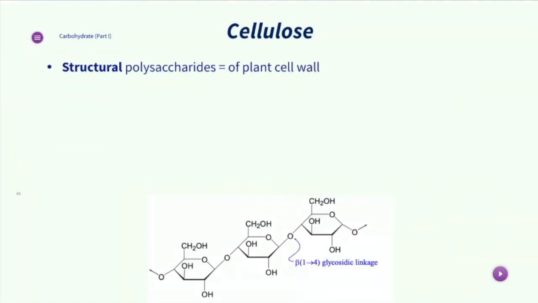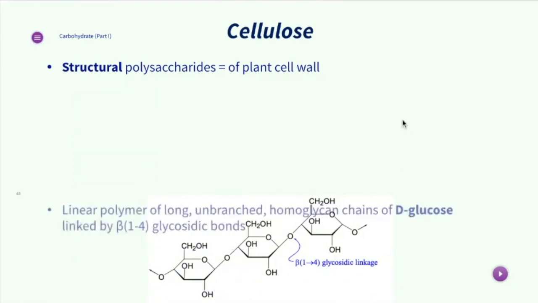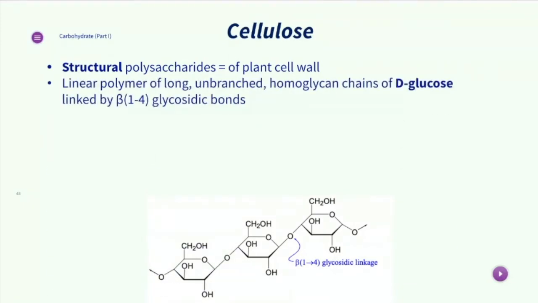Okay, how about cellulose? It is a structural polysaccharide. It makes up the plant cell wall, a linear polymer of long, unbranched homoglycan chains of D-glucose, linked by beta 1,4 glycosidic bonds.